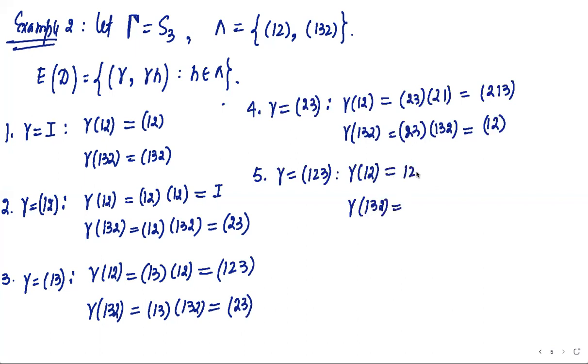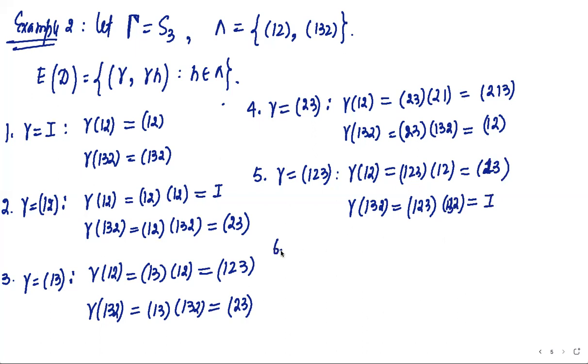Now this is (1 2 3) into (1 2), and this is (1 2 3) into (1 3 2). Now what is (1 2 3) into (1 2)? 1 goes to 2 here, so this is (1 3). And this (1 2 3) into (1 3 2) is the identity.